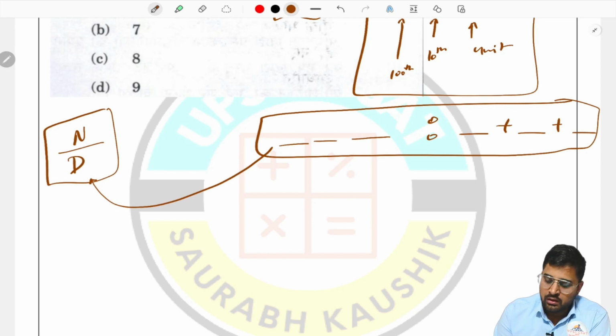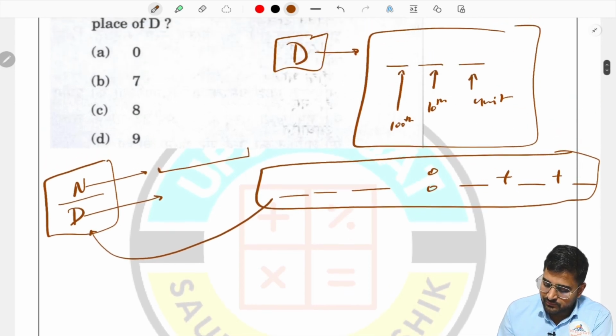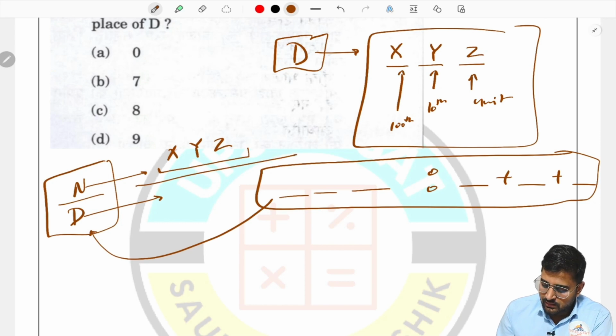Now, numerator and the denominator. In the numerator, there must be a number itself. If it is x, y and z, then the number should be like x, y, z in the proper format.